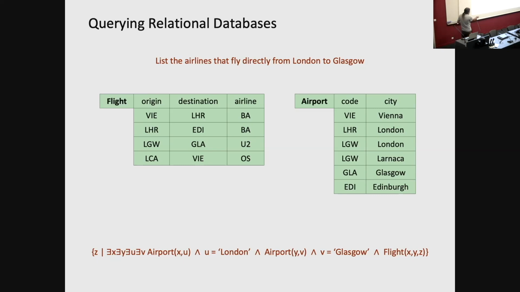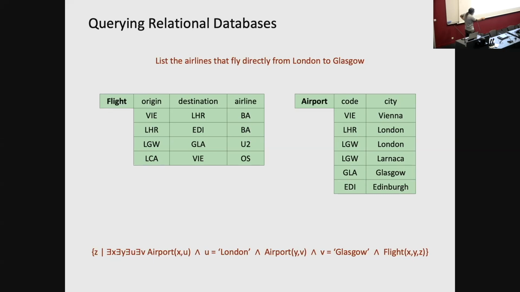So we are asking for an airport X, which is based in U, and we want U to be London. This London is a constant value, which is coming from the countable infinite set const that I mentioned before. So we are looking for an airport which is based in London, and an airport Y which is based in V, and V should be Glasgow.